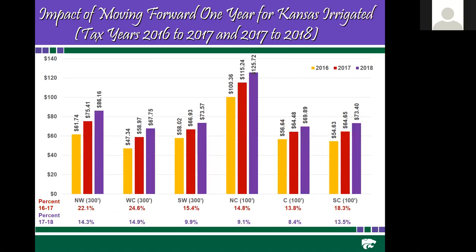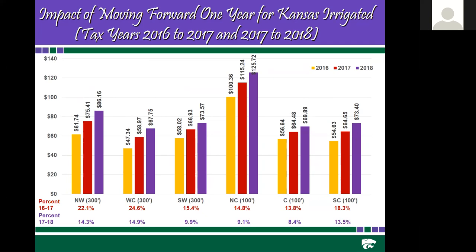And then the last one I've done is the irrigated, and I've put the depth of well that I'm using here. I'm using a 300-foot well for northwest, west central, and southwest, and then a 100-foot well for north central, central, and south central. Again, you can see the percentages.